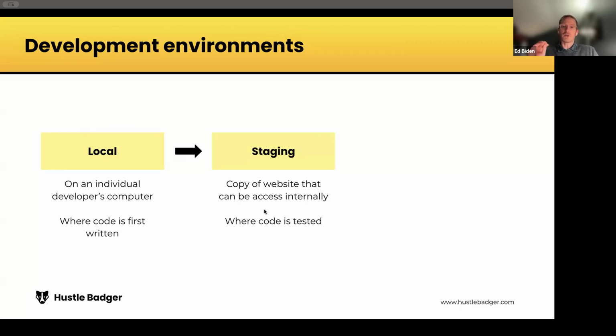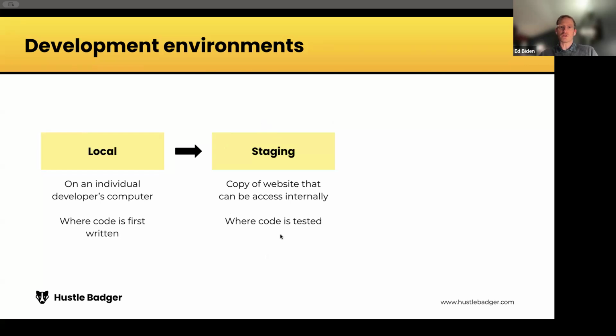So a staging environment is a copy of the website that is available to lots of people, but not everyone. So it might be available to all the developers or all of the company, internally. But it's using as close a copy as possible to the infrastructure that the real website is working on, so that when you put your code there, you can test that it still works.